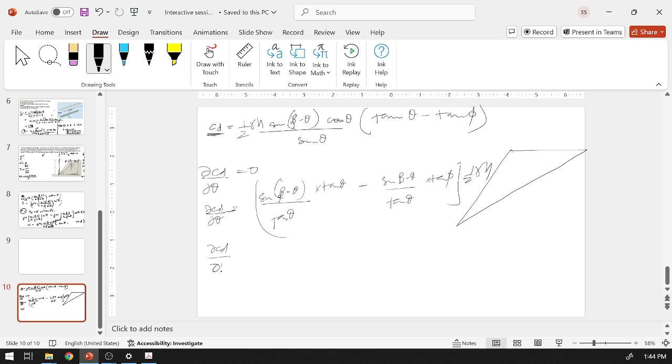Del C_D by del theta equals this, and this goes.